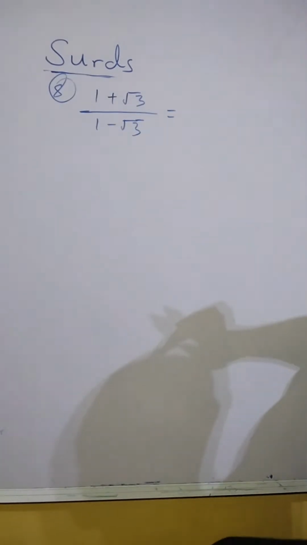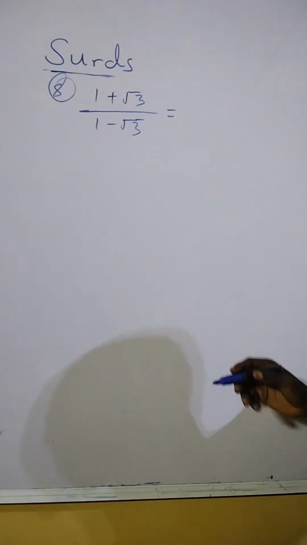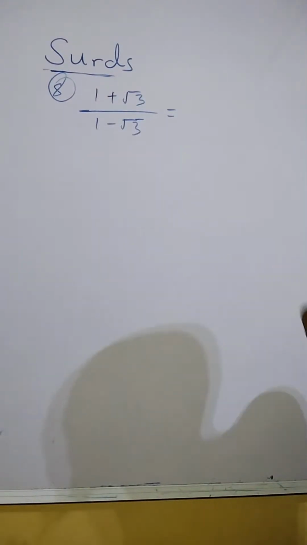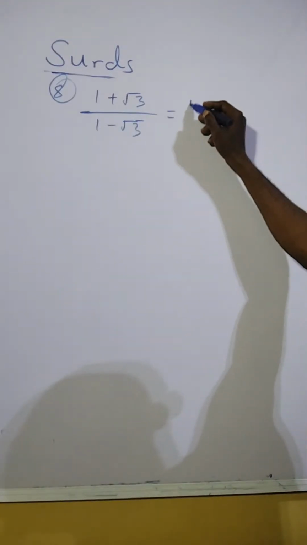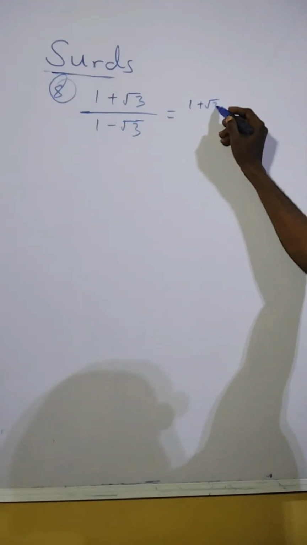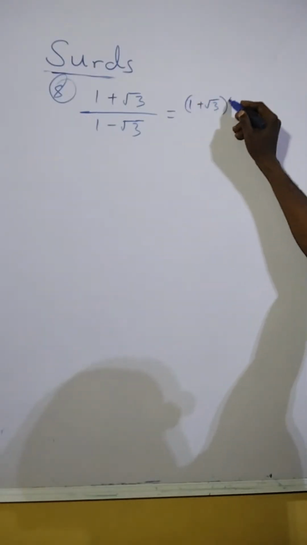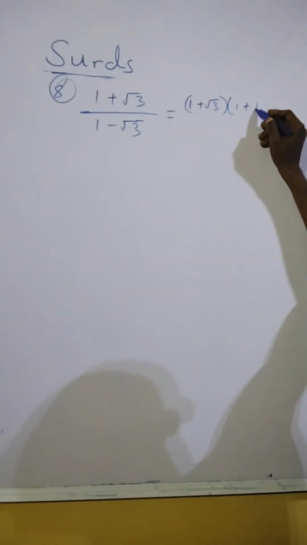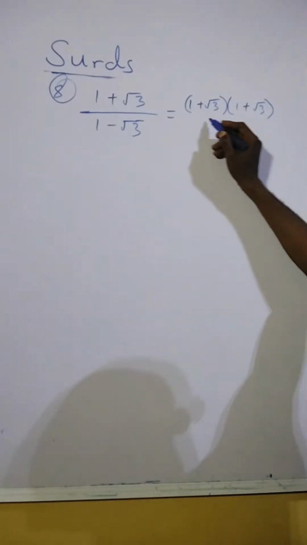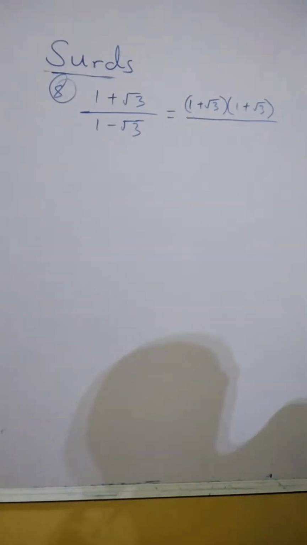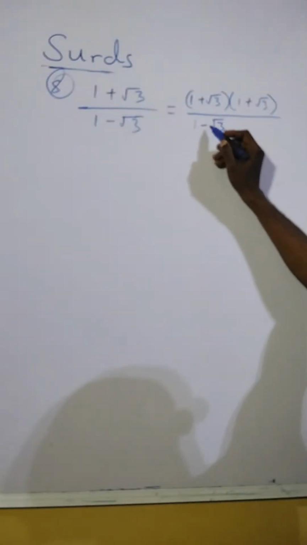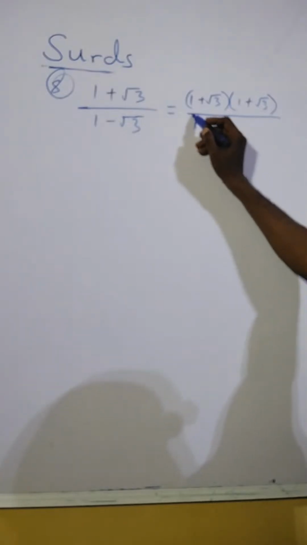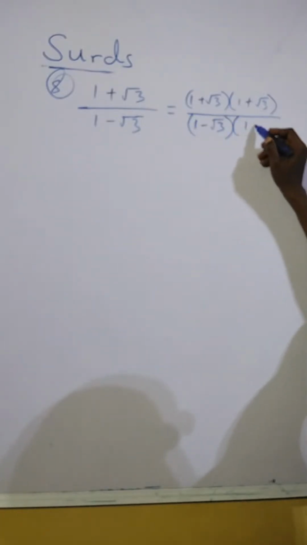Now, here we rationalize by multiplying the numerator and denominator by the conjugate of the denominator. So here we have 1 plus root 3 times 1 plus root 3, then divided by, also multiply this by the conjugate, that's 1 minus root 3 times 1 plus root 3.